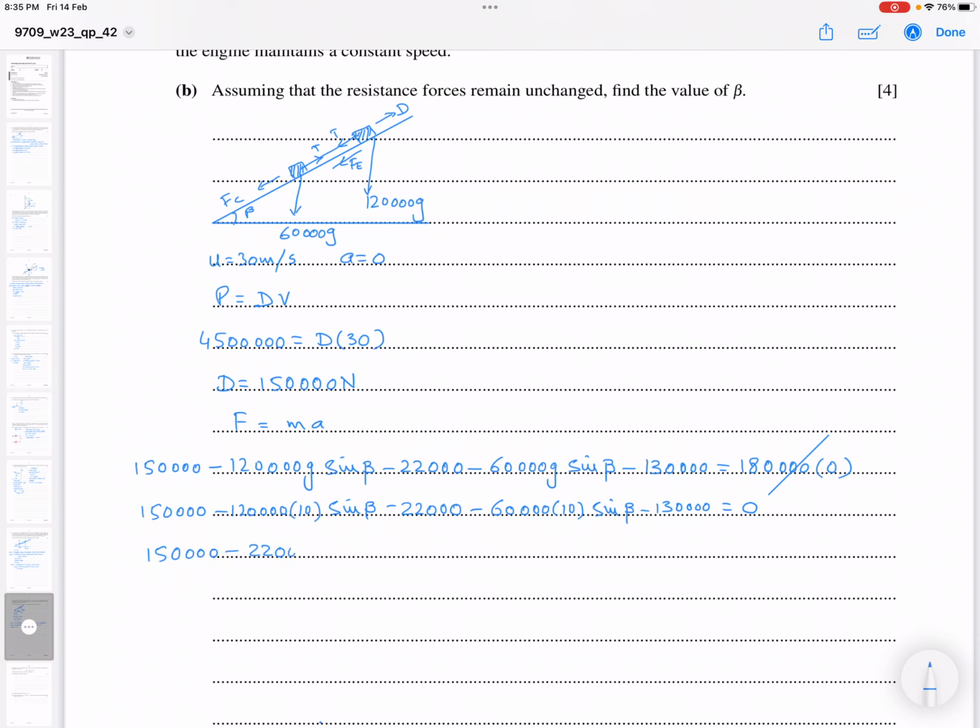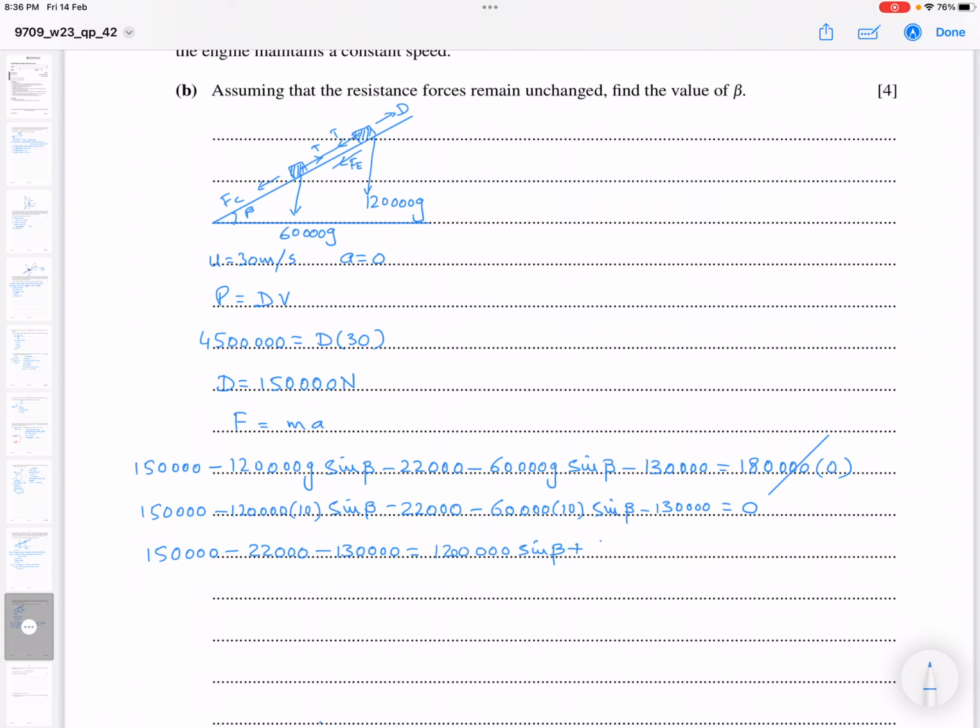Now further if we simplify this, 150,000 minus 22,000 minus 13,000, and that would be equal to 120,000 sine beta plus 600,000 sine beta, there is one more zero here because of 10.